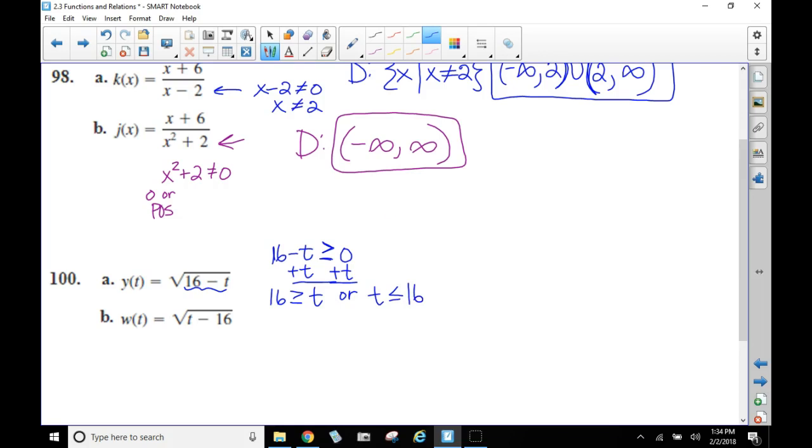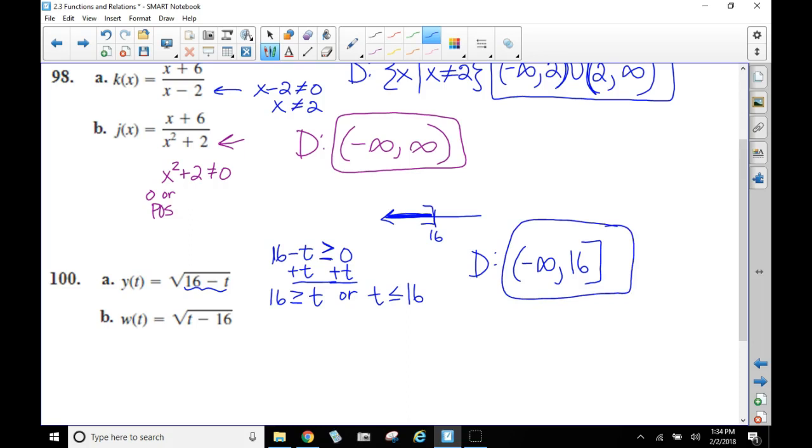So we're talking about values of t that are less than or equal to 16. If you want to graph that interval on a number line, then from that it's easier to see what our domain in interval notation will be. It's going to go from negative infinity, comma, up to and including 16. Okay? There's our domain in interval notation.